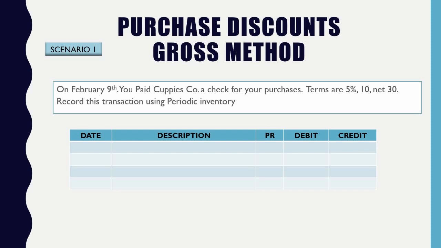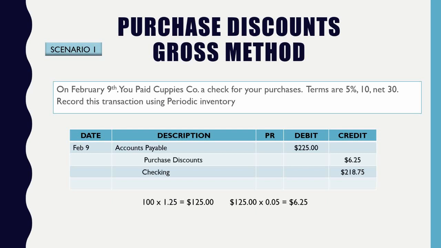Now that I've already recognized that I received my inventory, I need to pay for what I owe. What we recorded earlier was that we owed on account $225. But because I paid within the first 10 days, I now need to recognize a purchase discount.